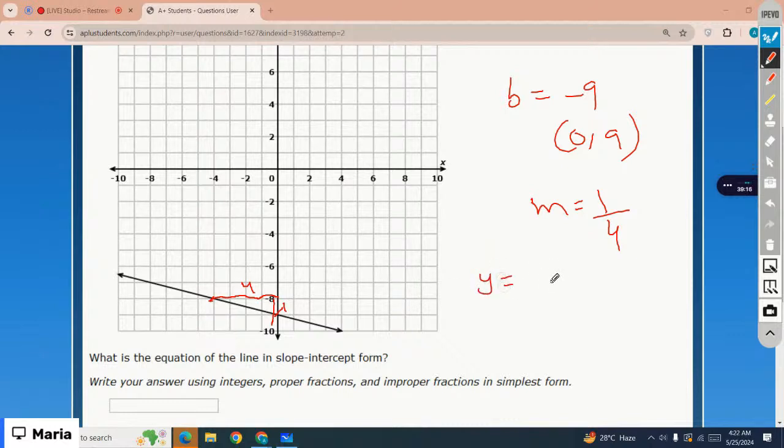So the equation is y equals 1 over 4x minus 9. Got it?